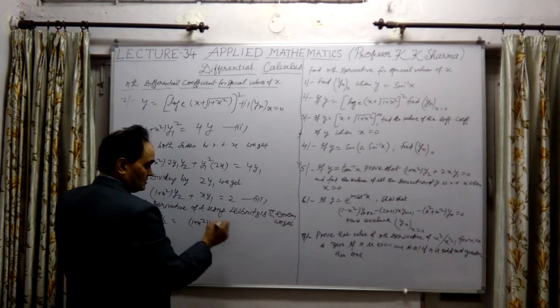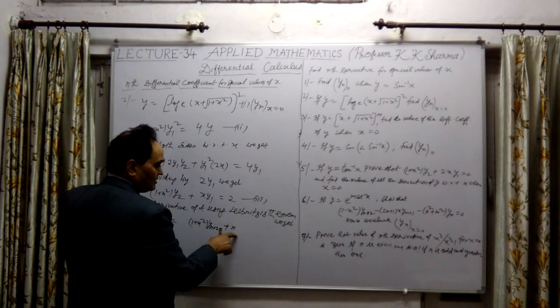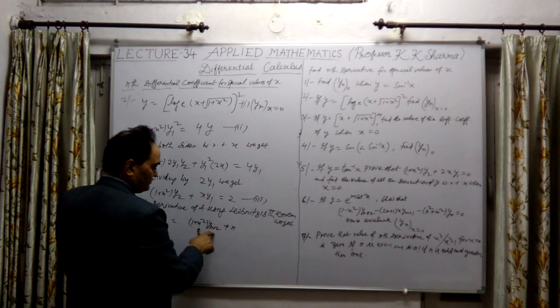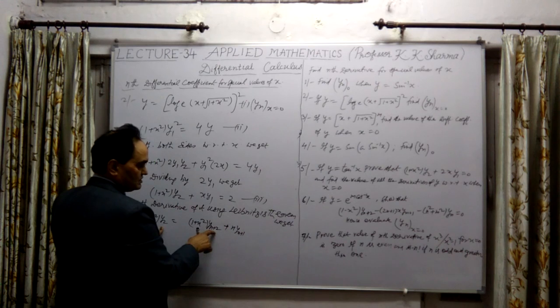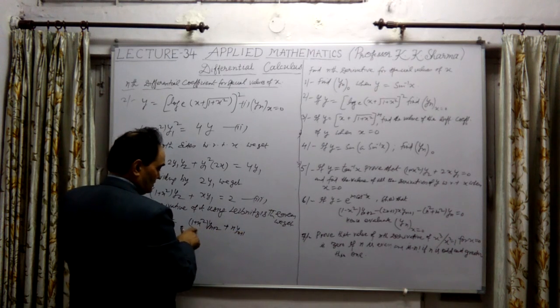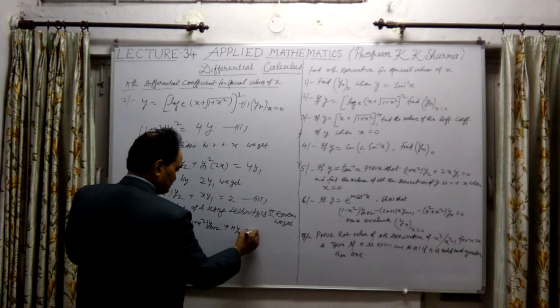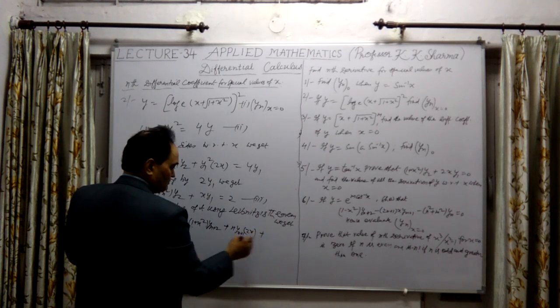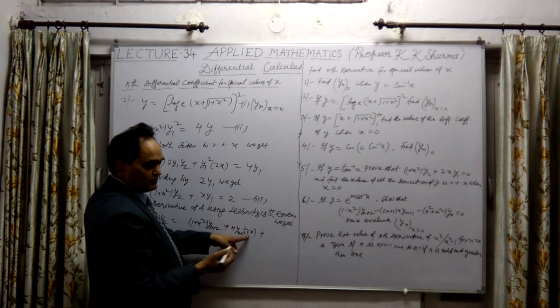Plus, now nC1, Leibniz theorem we have to remember, that means n into y(n+1), one lesser than n+2. Now the derivative of (1 + x²) is 2x.